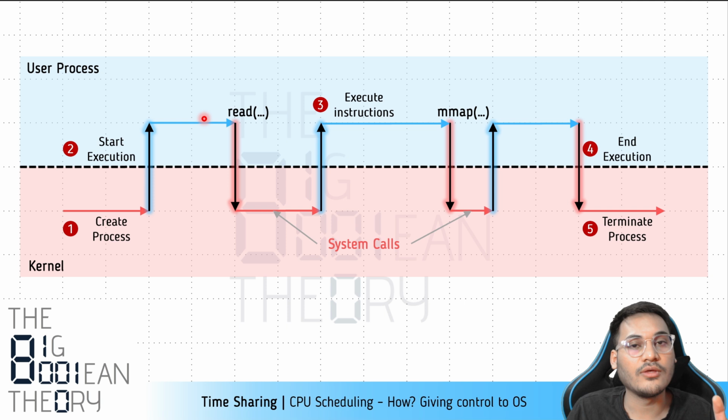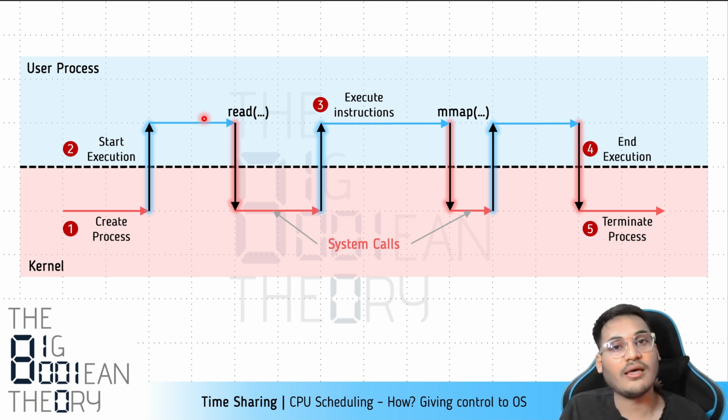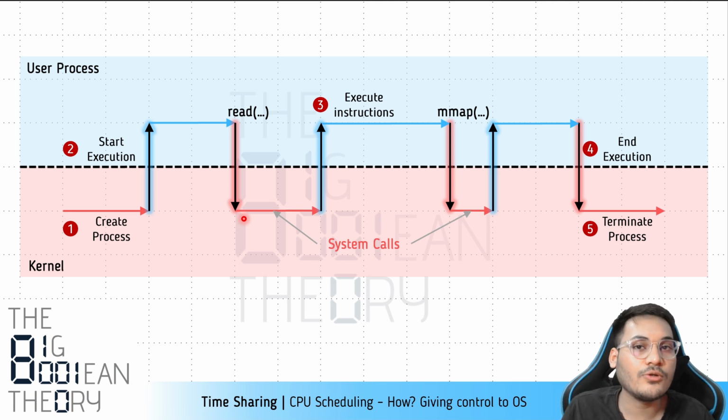Whenever the user process needs one of these operations, it requests the operating system to perform them via a system call. Whenever such a request happens, you can see the control goes into the operating system. The operating system then executes that system call on behalf of the process, and somewhere in between, or after the system call is over, the operating system can decide to make the switch.